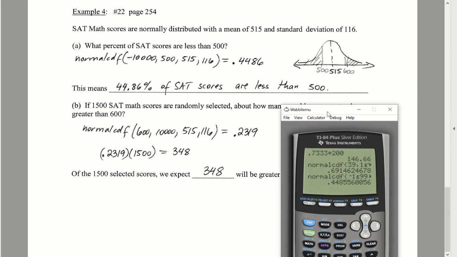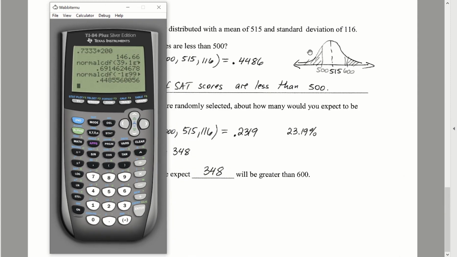Well, we can find the proportion of them that would be greater than 600. 600 is more than the mean, and greater than would be go to the right. So I can do second distribution, normal CDF. The lower bound of this region would be 600. The upper bound would be 1E99, because it goes all the way to the right.